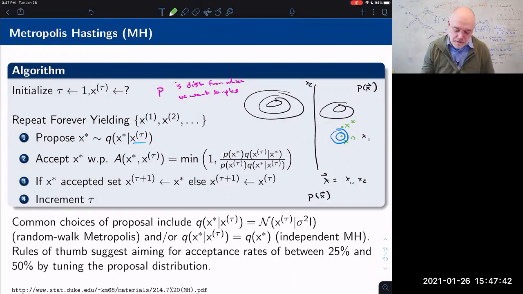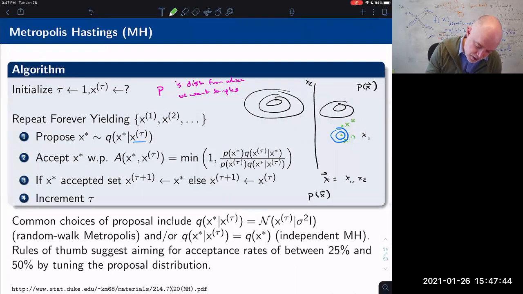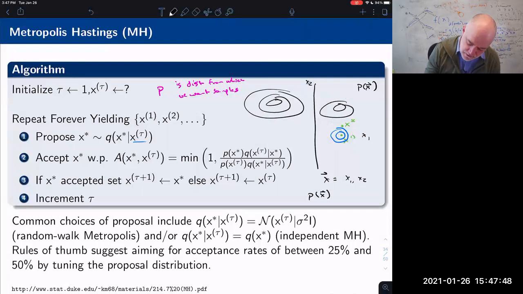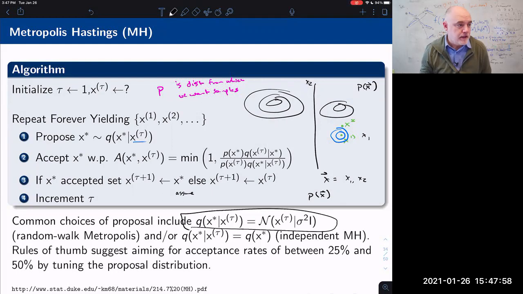Now, let me simplify our thinking just a little bit here, and let's assume this is a standard thing to do. Let's assume that our proposal distribution Q of X star given X tau is just normal about the current value X tau. Okay?